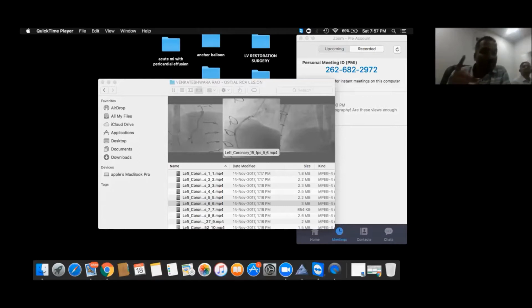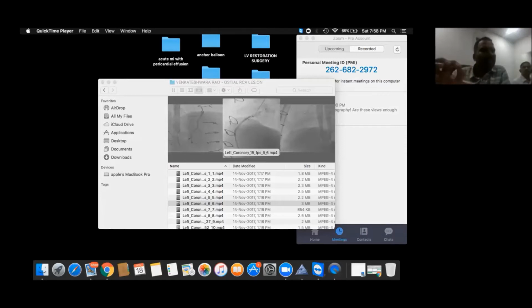Another point which I want to make: IVUS is a very, very good investigation to locate your ostium. In an angiogram you may not be able to locate it, but in IVUS you can. When you are pulling your IVUS catheter back, wherever the ostium comes, you stop there and go to different views and take small check shots.